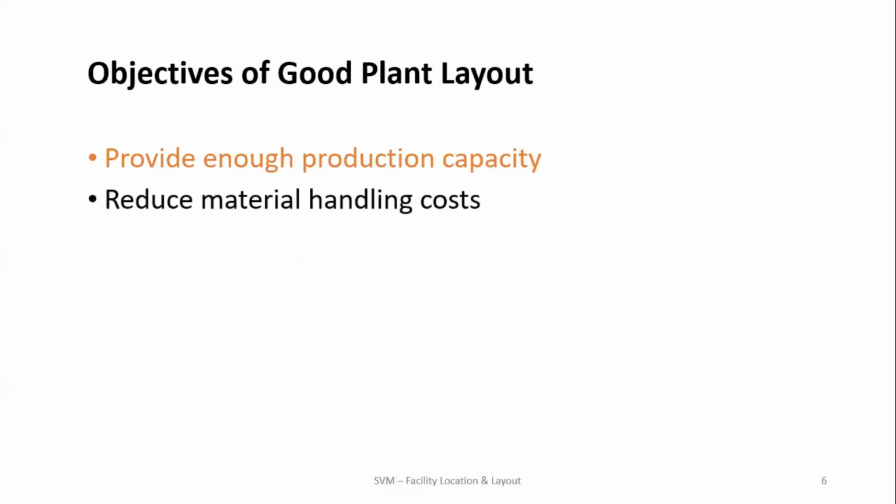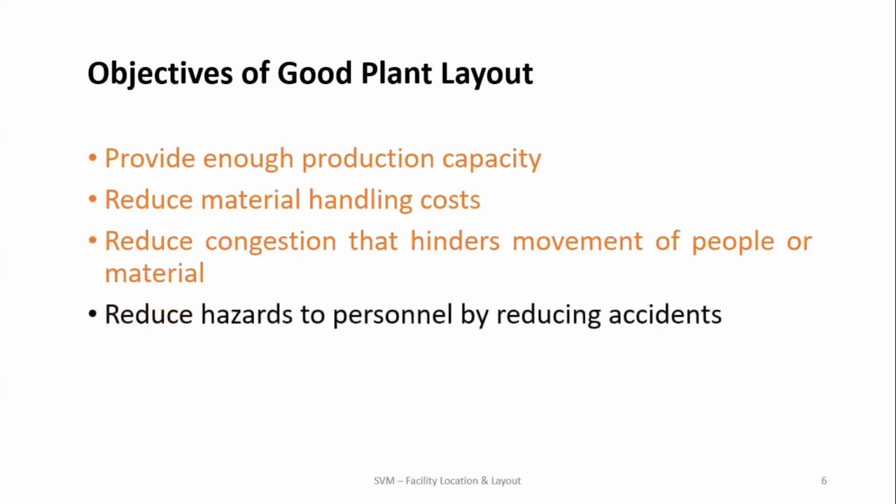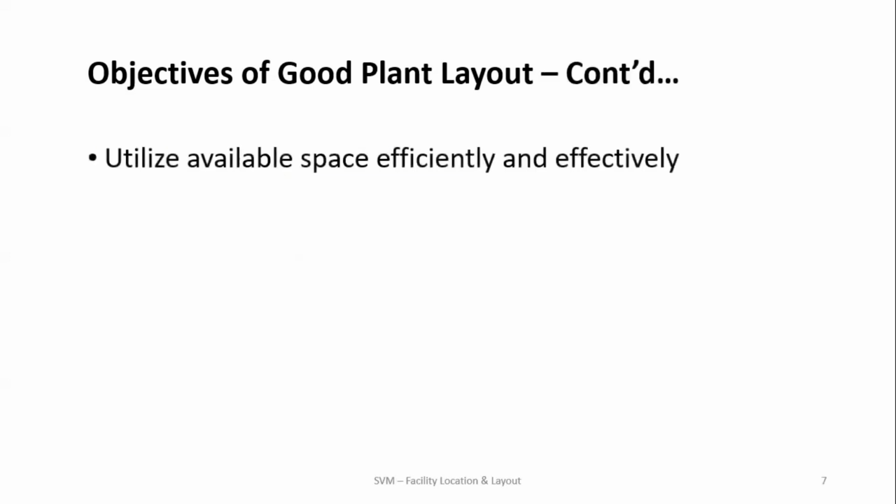You should be able to reduce your material handling costs, reduce congestion that hinders movement of people or material, reduce any hazards to personnel by reducing accidents, utilize your labor effectively, and the layout should also boost the employee morale. You should be able to utilize the available space efficiently and effectively.